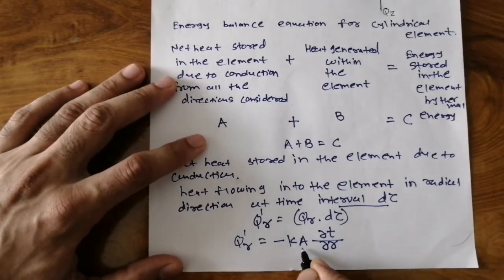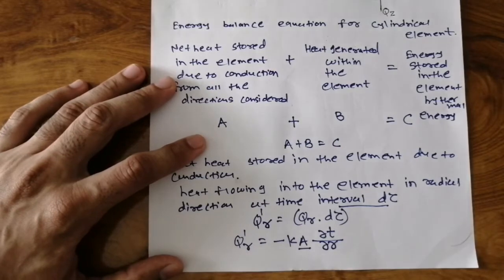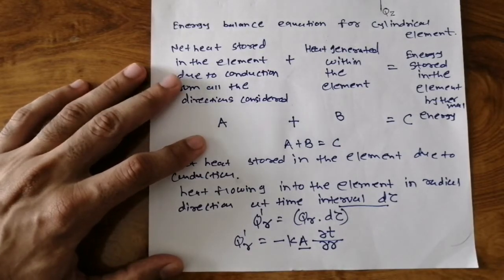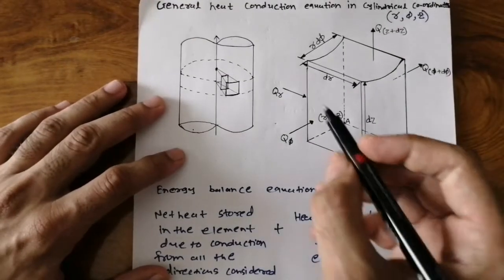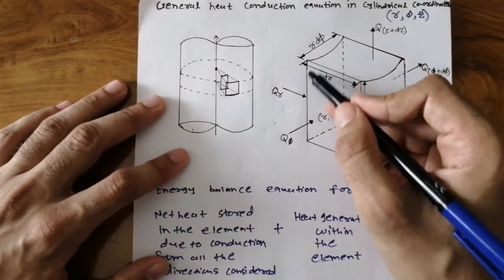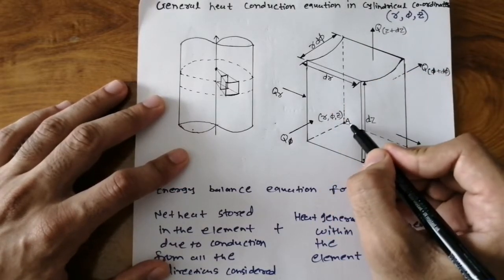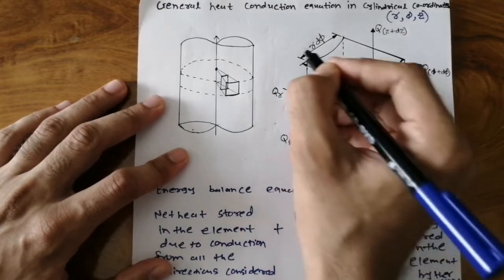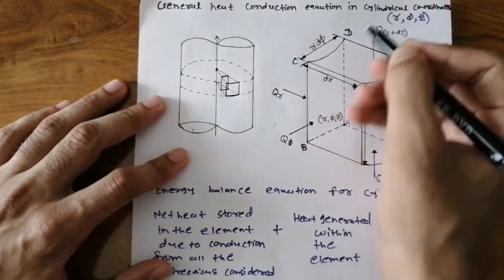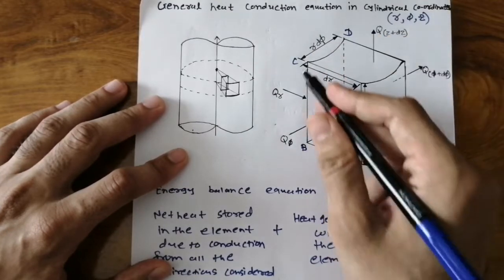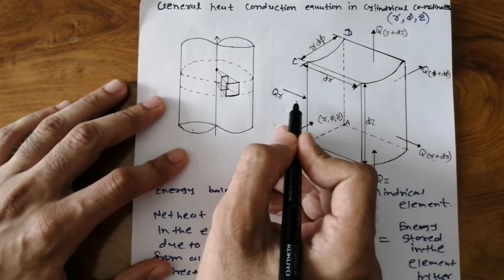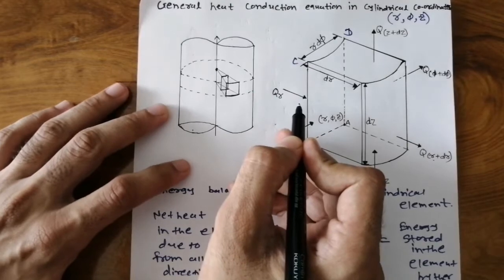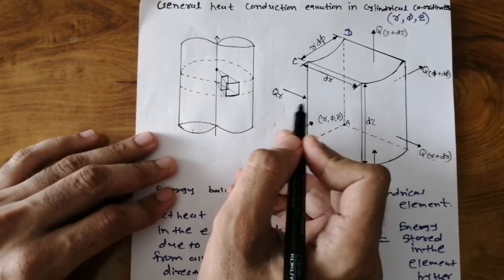Now we just consider the area of element in radial direction. So for heat flow in radial direction, this face will be considered. I am just giving the names A, B, C, D. So heat flowing from that face A, B, C, D in radial direction will be QR. The area of that element will be considered.